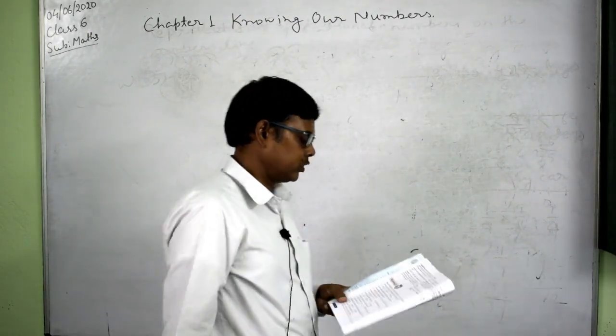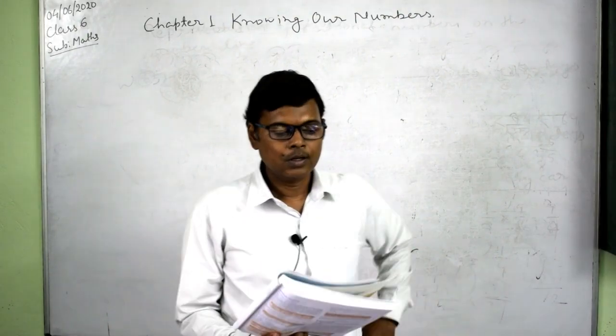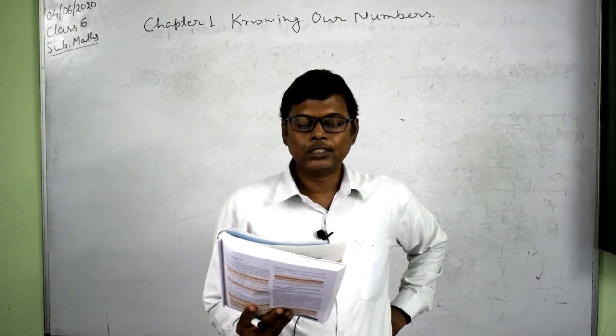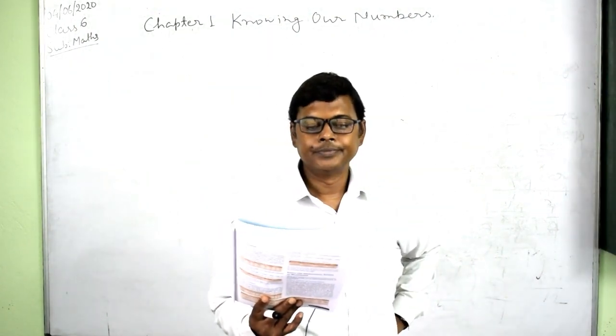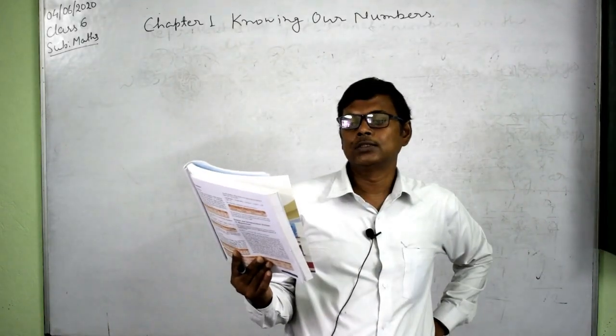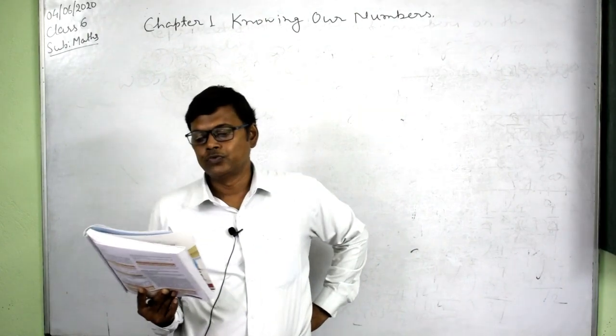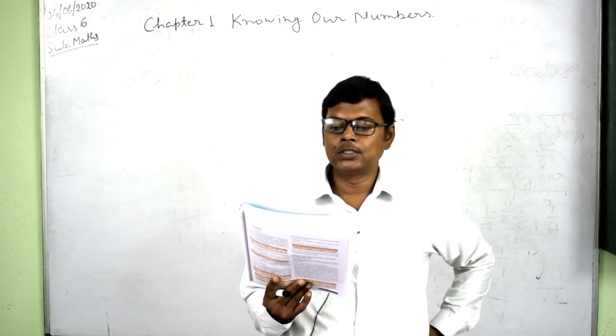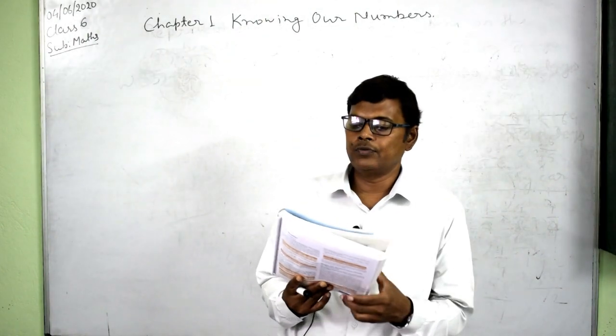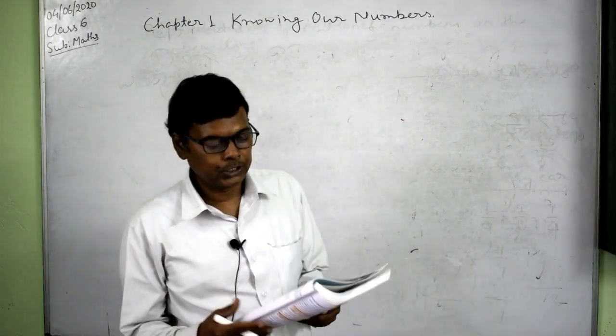In the first question, write the largest and the smallest 4-digit number using the digits 3, 1, 5 and 4 without repetition.